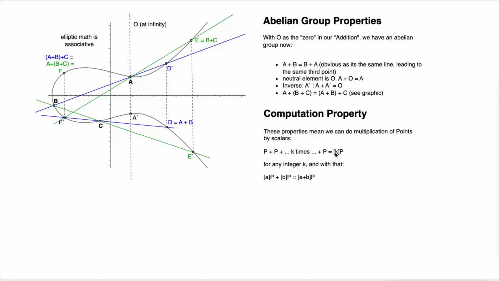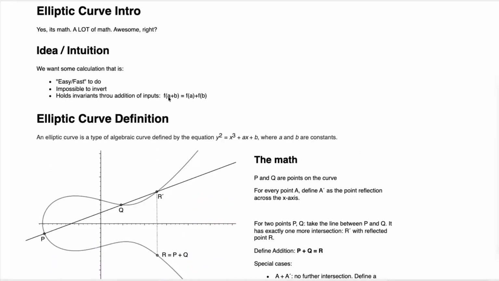We write it like that, we have a scalar. Scalar is just a number in this case, because P are points. That's not simple numbers, it's points, and K is a scalar. So we have K times P, we write it like that, so that it's clear what's meant. And that also means for any integer K we can do this, and this also means we can do A times P plus B times P is also A plus B times P. So this gives us the thing that we wanted in the beginning, the addition of inputs.